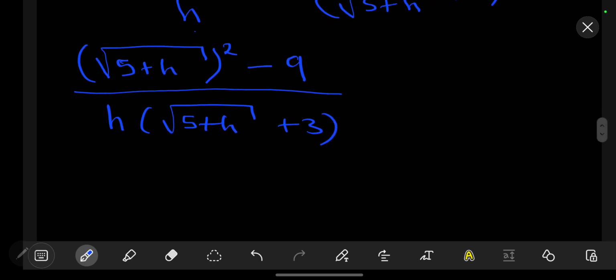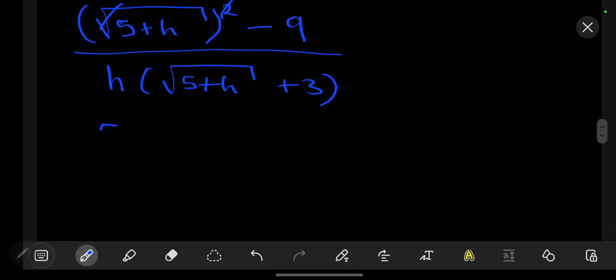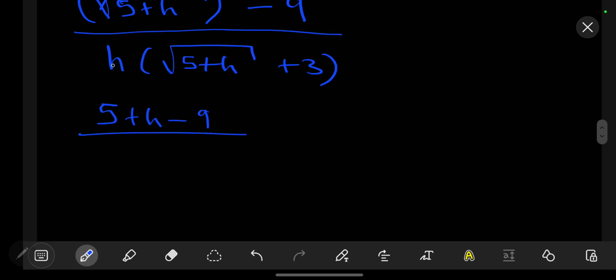So this one and this one goes. On top we are remaining with 5 plus h minus 9 like that, because the square root has gone. Then over, if we want, we can multiply the h throughout, but it's unnecessary. So we are just going to say h, open brackets, the square root of 5 plus h, then plus a 3 there.